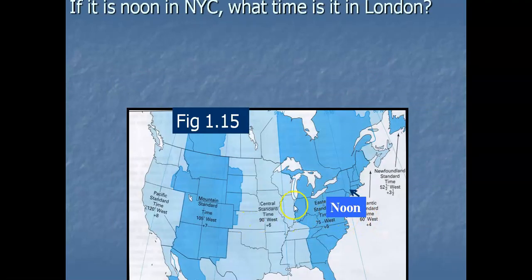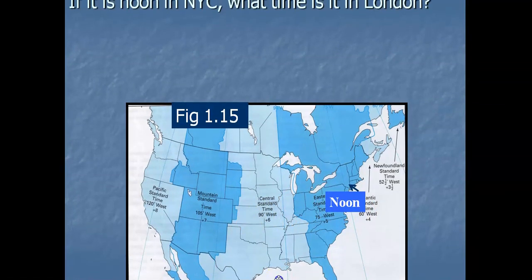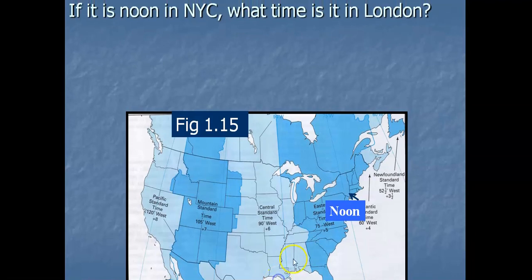And so let's take a look at the time zone map from our textbook, and it's showing our standard meridians. All right, here's 75, kind of the center line theoretically for the Eastern time zone.